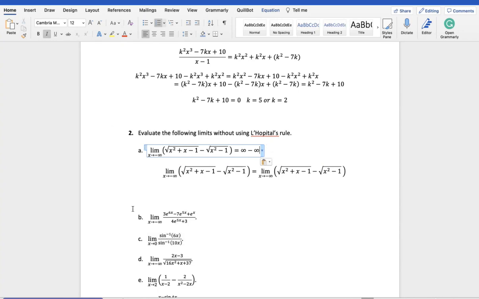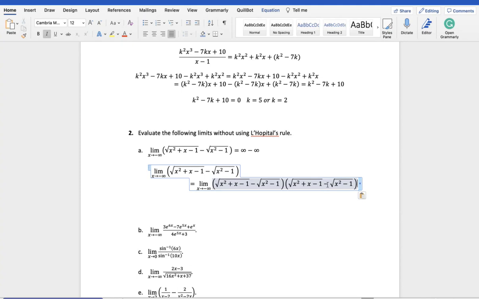So you have to manipulate the limit, since you can't use L'Hopital's rule, and you can't even manipulate it to use L'Hopital's rule, so you just have to manipulate it to use other rules that you can think of, right? So usually what you do in these cases, you multiply and divide by the conjugate, right?